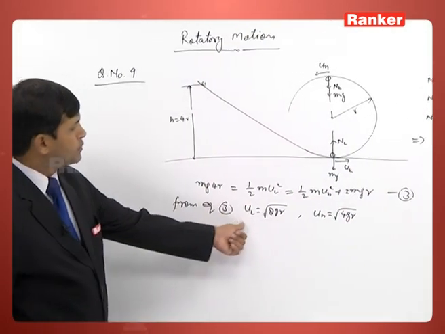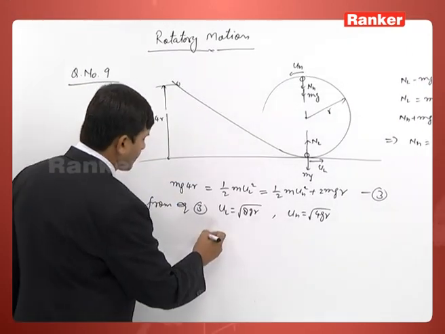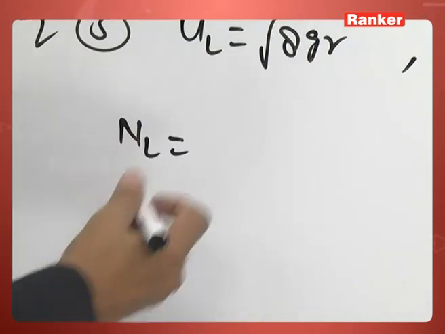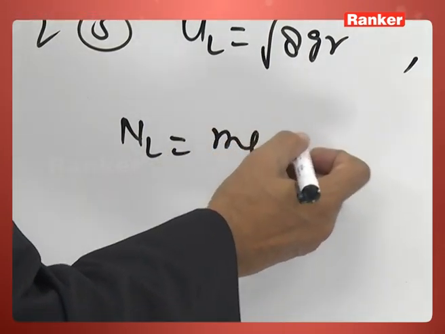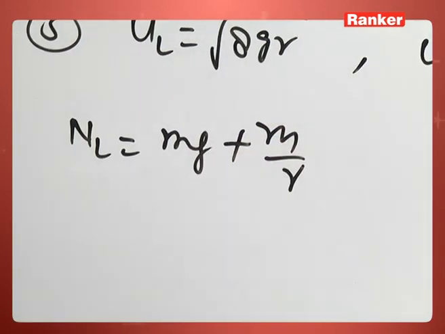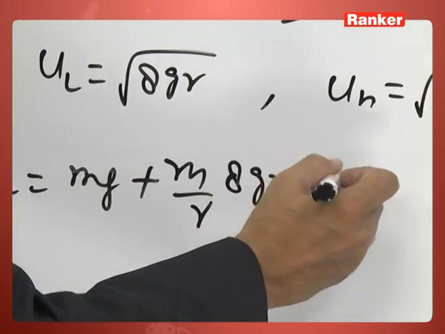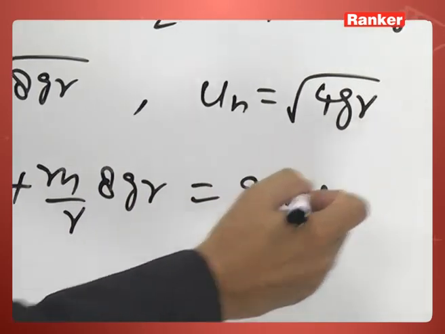Substitute the values of UL and UH in these equations. So NL is mg plus m by r into UL square, and UL square means 8 gr. This will be 9 mg.